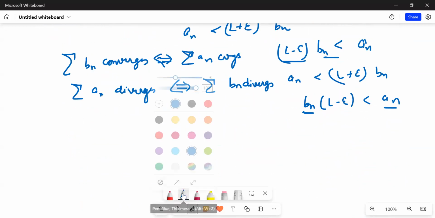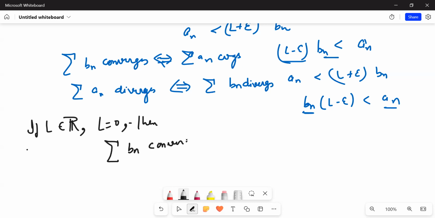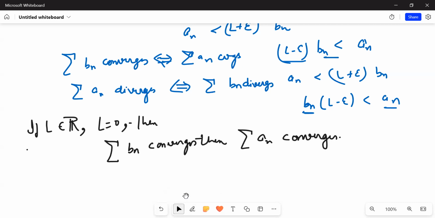Two more important cases that you can think of are these. If L belongs to R and L is equal to 0, then if summation bn converges, then summation an converges. See how?